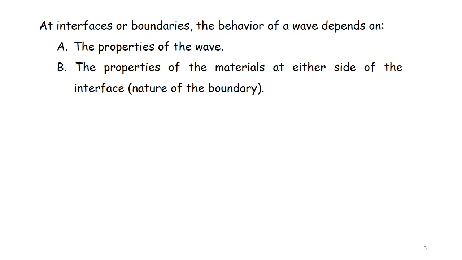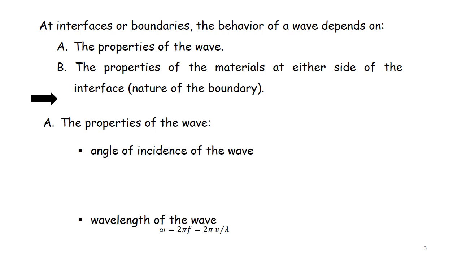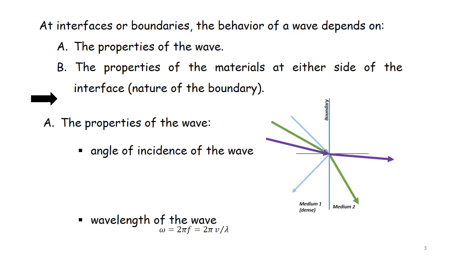The first is the properties of the wave, and the second group is the properties of the materials at either side of the interface, that is, the properties of the two different media. For the properties of the wave, we have the angle of incidence of the wave and also the wavelength of the wave. Let's look at this figure to get an understanding.